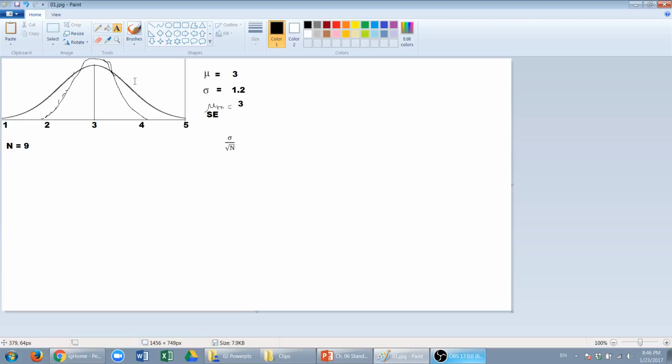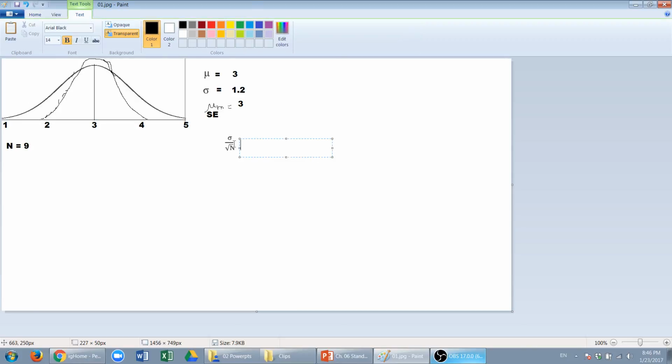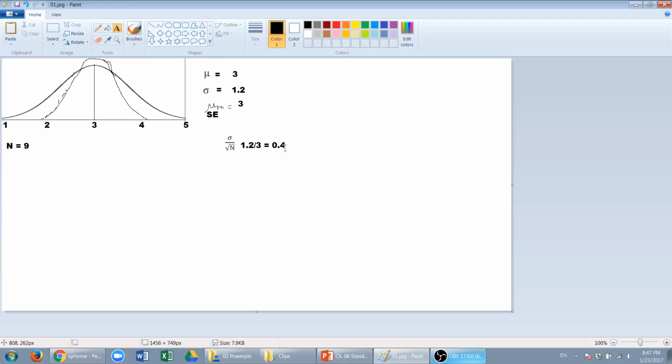So sigma is 1.2 divided by the square root of 9, which is 3. So it becomes 0.4. This is the standard error, in other words, the standard deviation of this distribution.